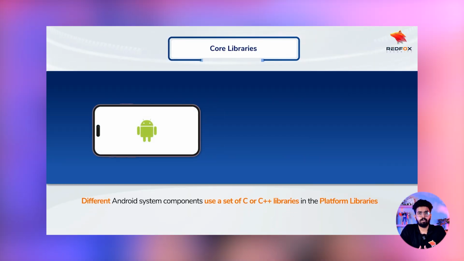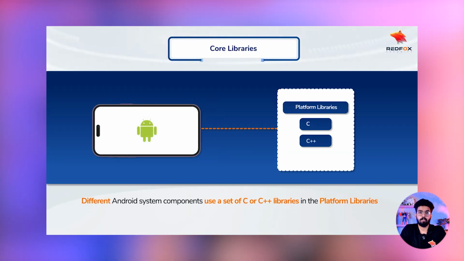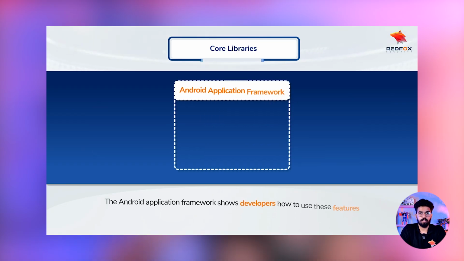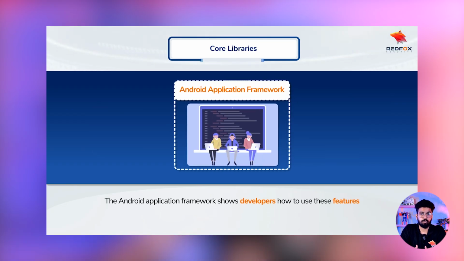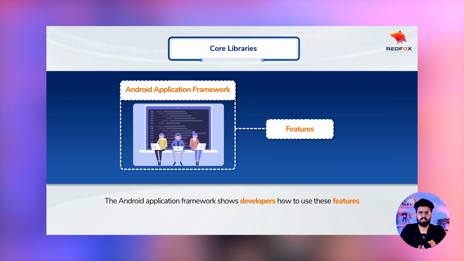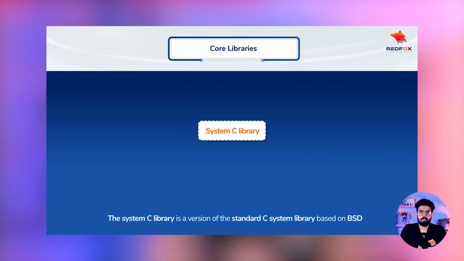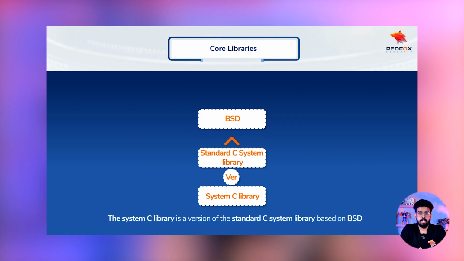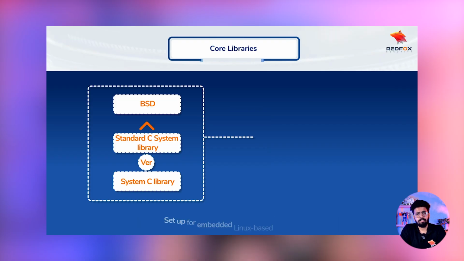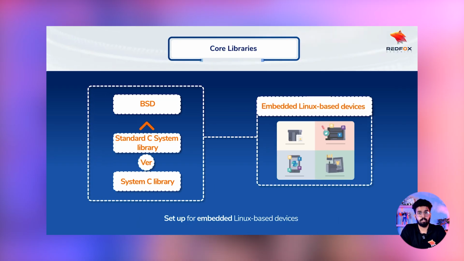Core libraries. Different Android system components use a set of C or C++ libraries in the platform libraries. The Android application framework shows developers how to use these features. Here are some of the most important core libraries. The System C library is a version of the standard C system library based on BSD and set up for embedded Linux-based devices.